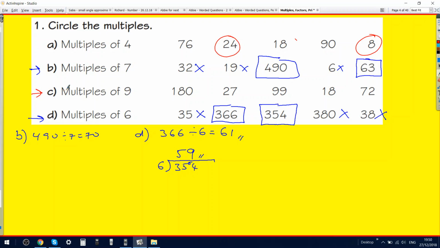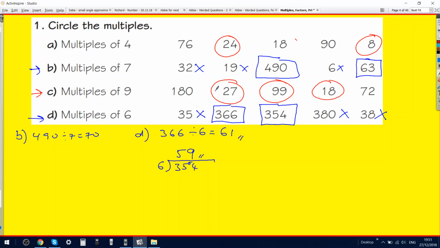99 is one, because 9 times 7 is 99. 18 is also one, it's 9 times 2. 27 is also one, because 9 times 3 is 27. 180, I think that's not one.